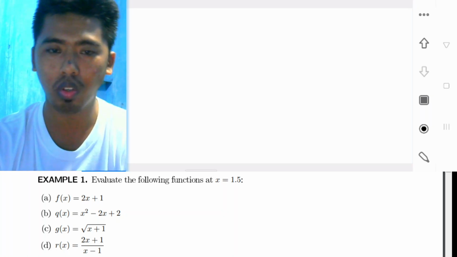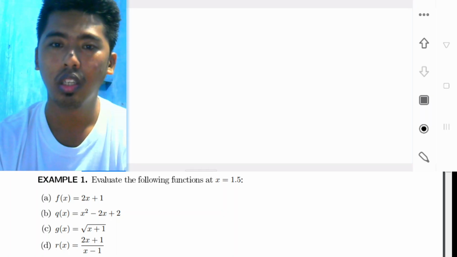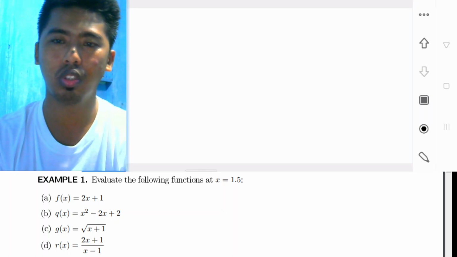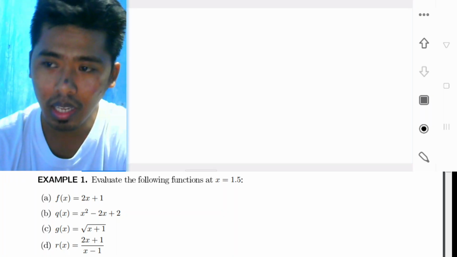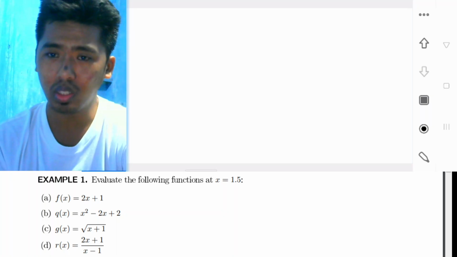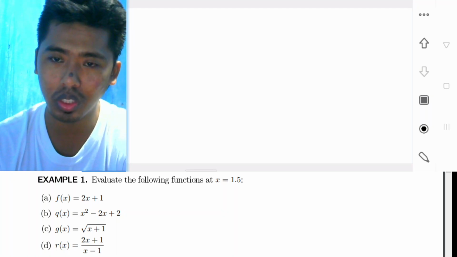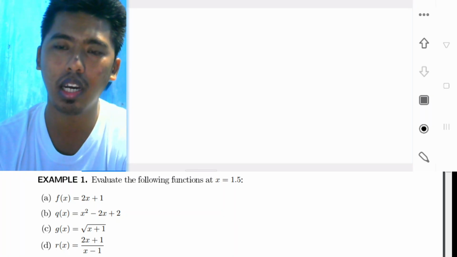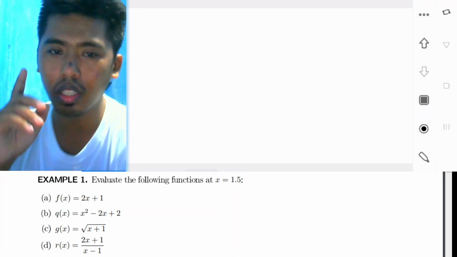So we have 5 functions and we will try to evaluate them. Evaluate the following functions at x is equal to 1.5. The value of x is 1.5, so what we are trying to do here is to evaluate a certain function by substituting this value of x. Okay, so let's try letter A.